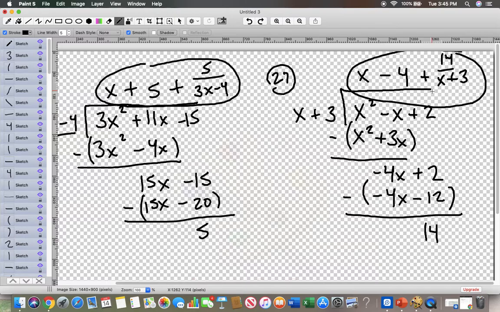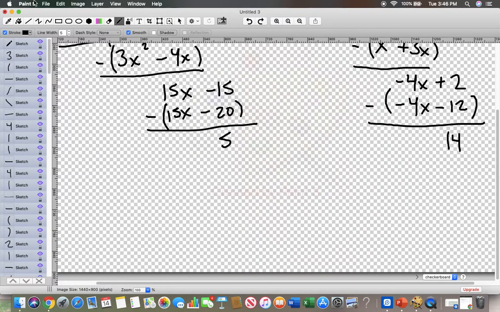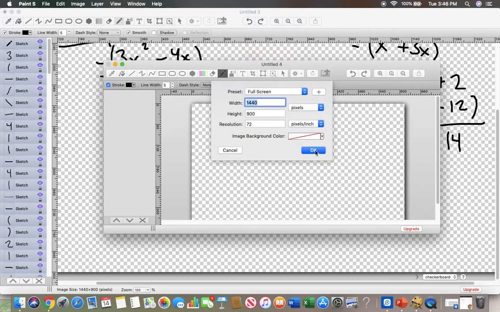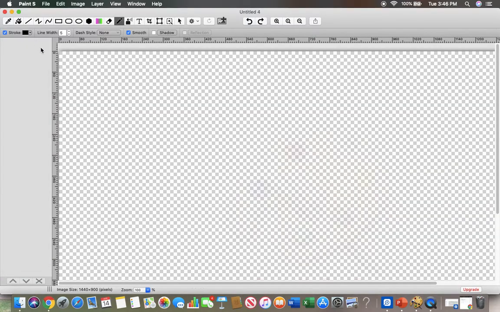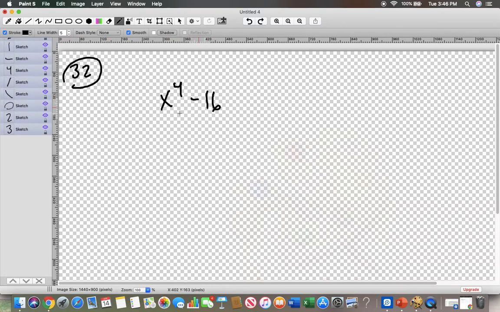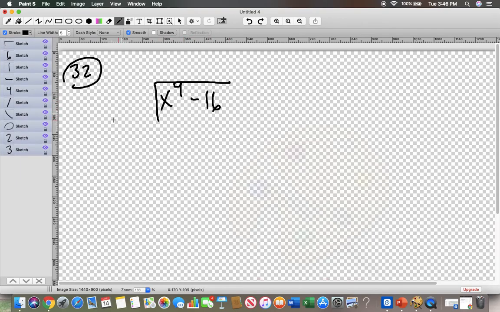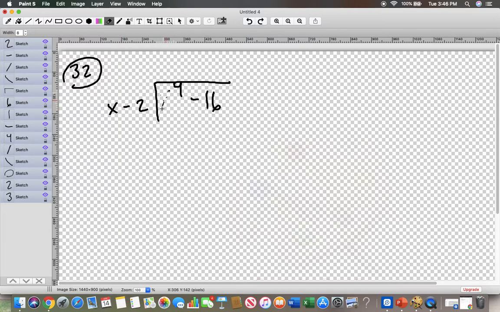All right, number 32. We'll do one of your problems for homework. Number 32. I have x to the 4th minus 16 all divided by x minus 2. Well, notice right here, what do I need to do? I need to account for x cubed, x squared, and x.